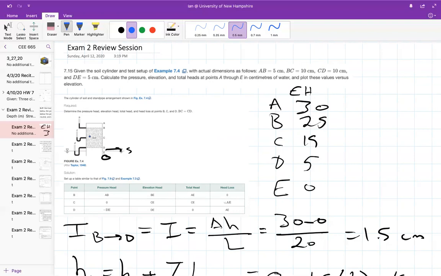The comment is, I don't understand why the pressure head at C is 0. Does it have to do with it being in the middle of the soil? Yeah, I would say so.